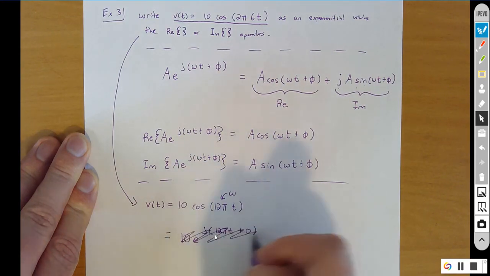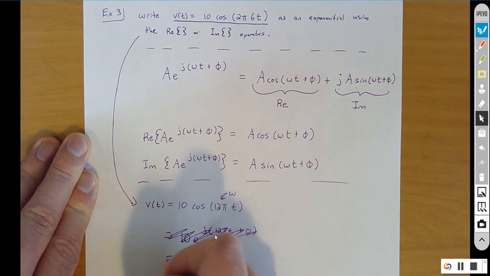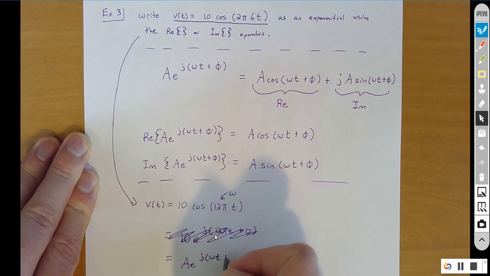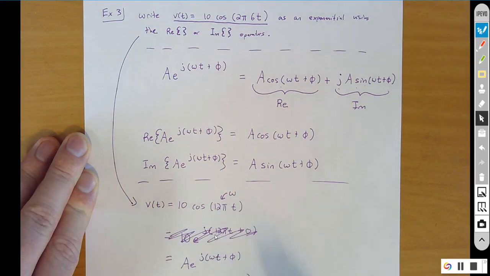We want it to look like a e to the j omega t plus phi. So a is 10, omega is 12 pi, t and phi is 0. There's no phase shift.